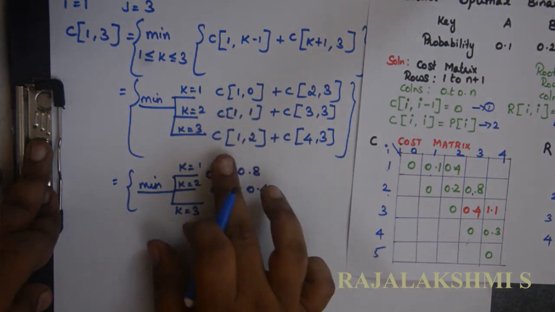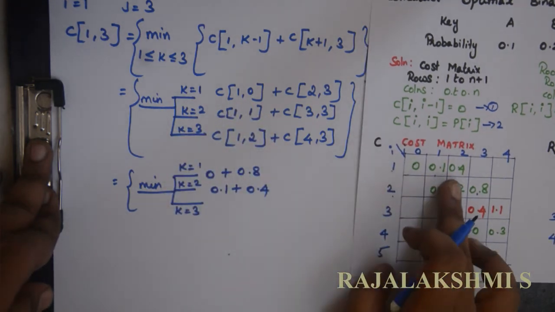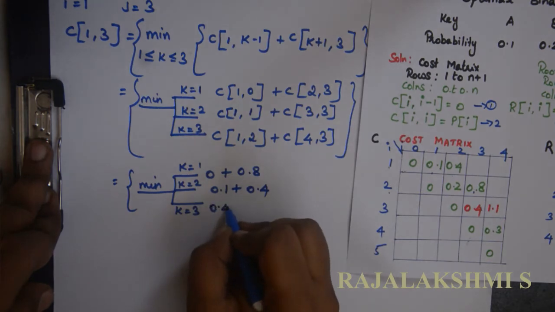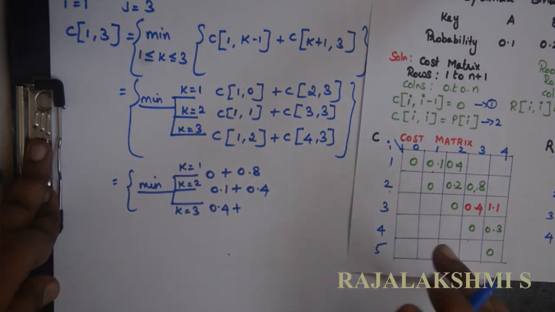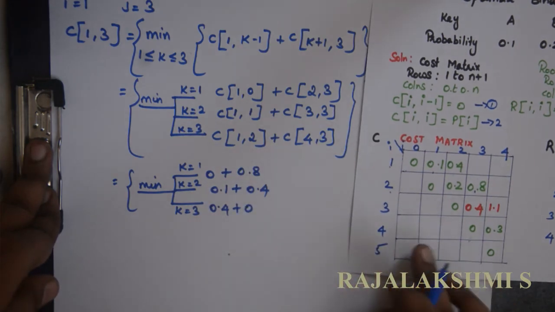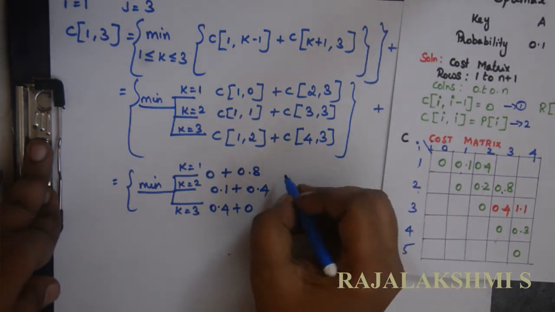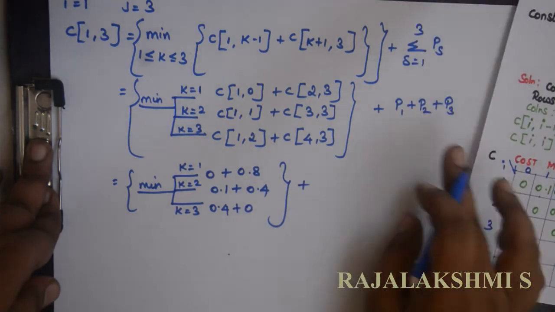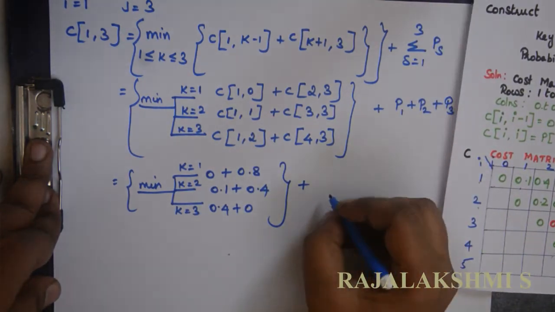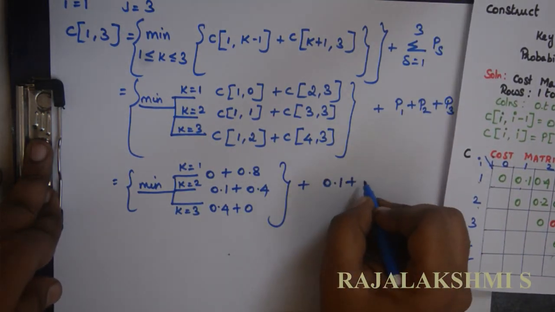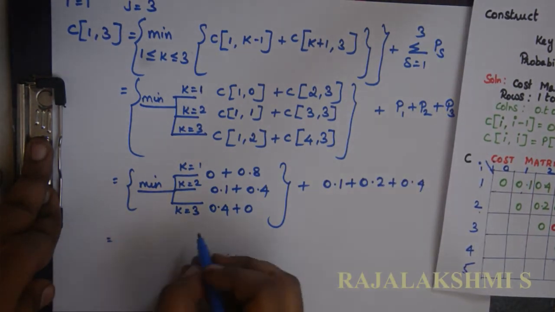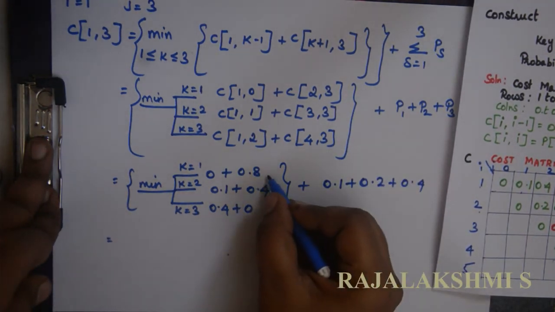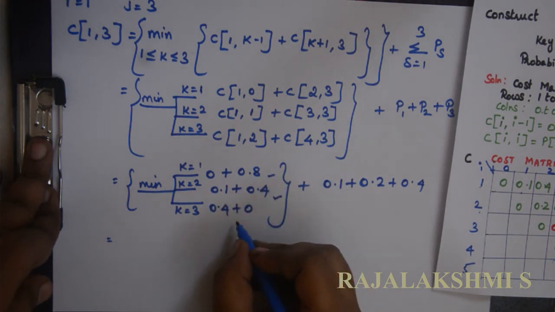Then C of 1 comma 2 the value is 0.4, plus C of 4 comma 3 the value is 0. Then here we are having P1 plus P2 plus P3. So 0.1 plus 0.2 plus 0.4. Okay, so now here it is 0.8 and this is 0.5 and this is 0.4.